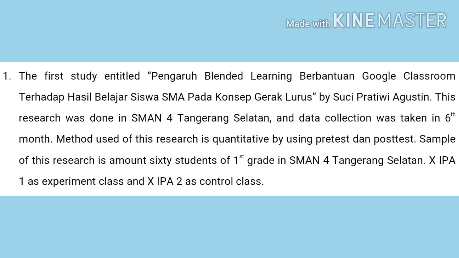The method used in this research is quantitative, using pretest and post-test. The sample is 60 students of first grade in SMPN 4 Tangerang Selatan, 10 IPA 1 as experiment class and 10 IPA 2 as control class.